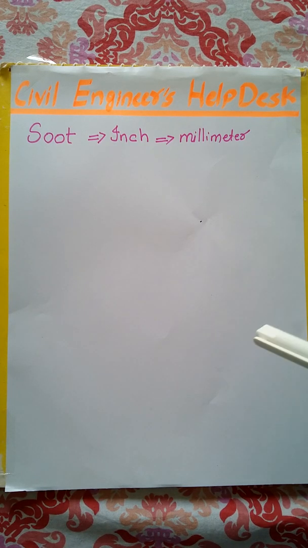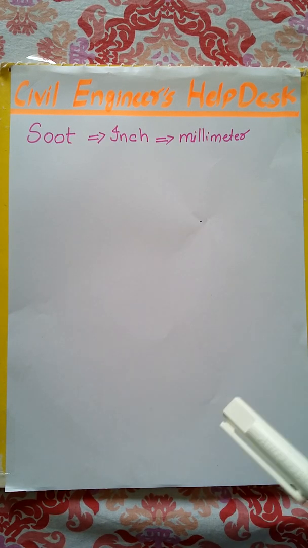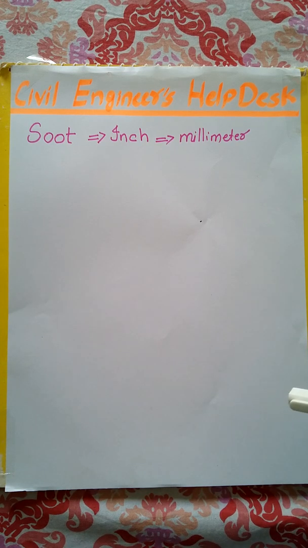Remember this: Sooth is a subunit of inch. Basically, it is a British unit, and mostly while cutting and fixing steel we use this unit Sooth, or sometimes we call it Soother.